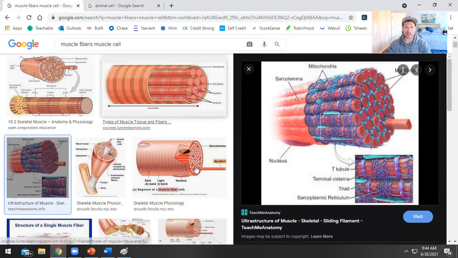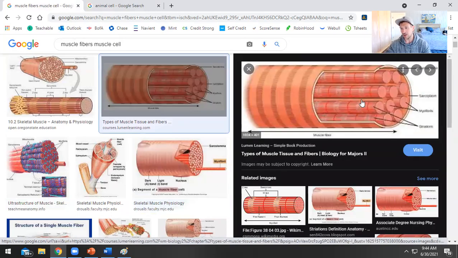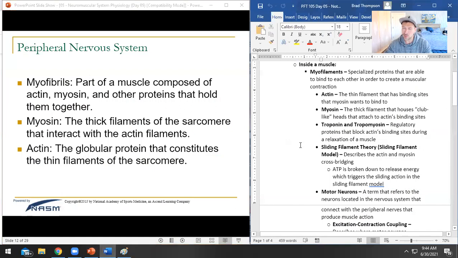They're stretched out like this. So this is what you'll see in a normal muscle cell. You can see there's a nucleus right there. Can't really see any mitochondria, but trust me, there are a ton of them running throughout this muscle. What we are paying attention to, what we see a lot of, are these little tubes right here. We see all these individual little tubes here. Those are what we call myofibrils, and that's really what we're spending our time talking about today.